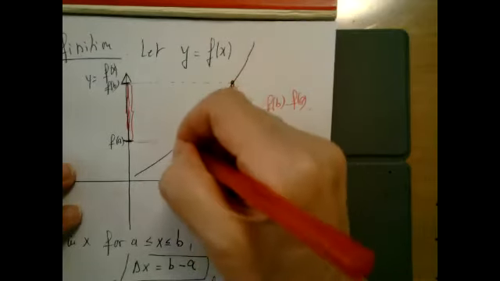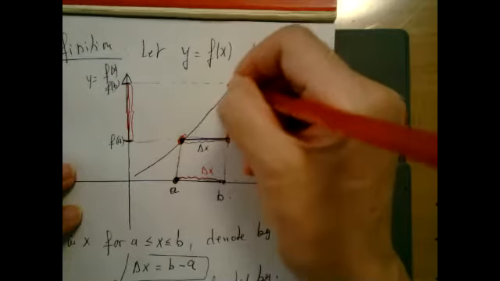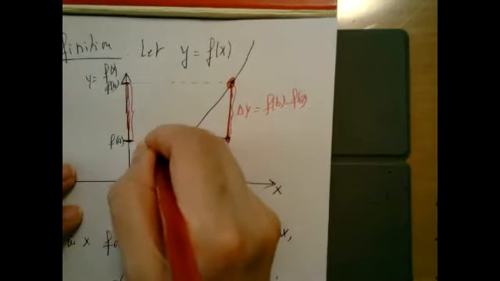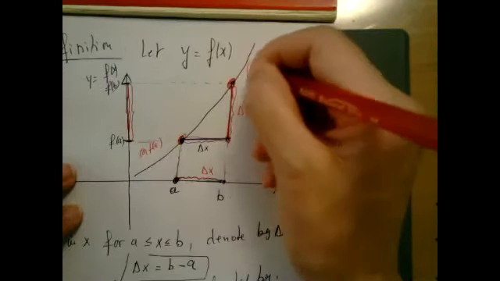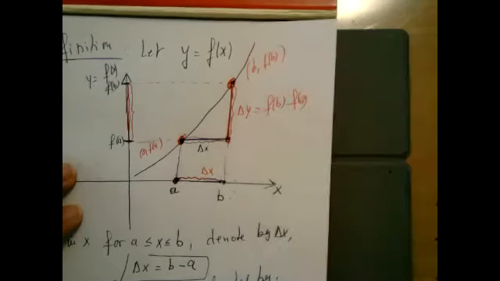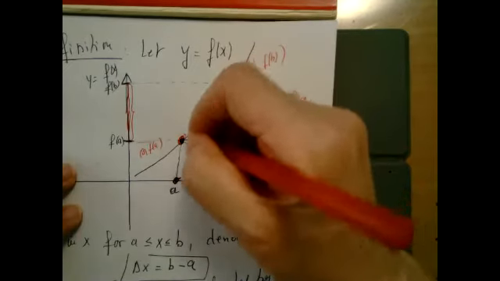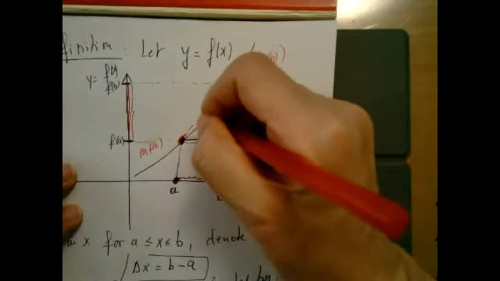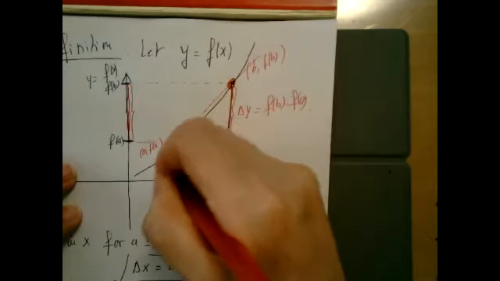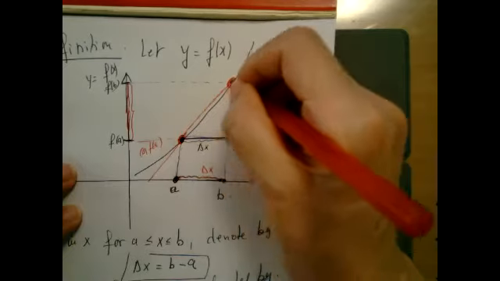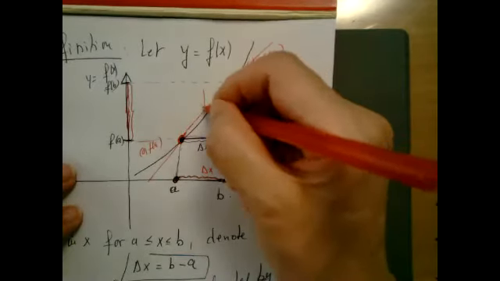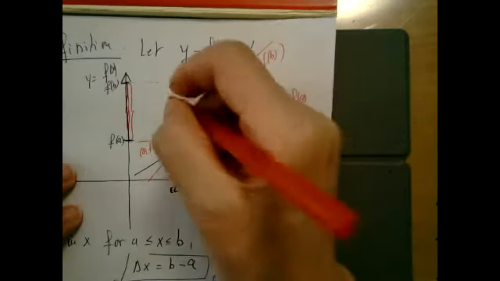I'm going to take the line that joins the point A, f of A, to the point B, f of B. This line, the red line, we will give it a name and we will call it a secant line.